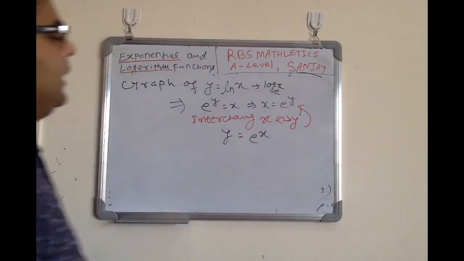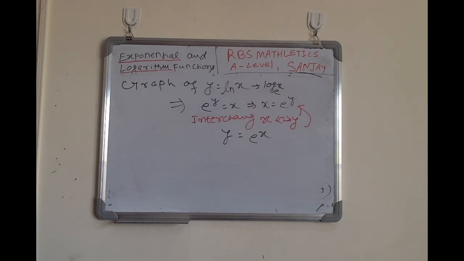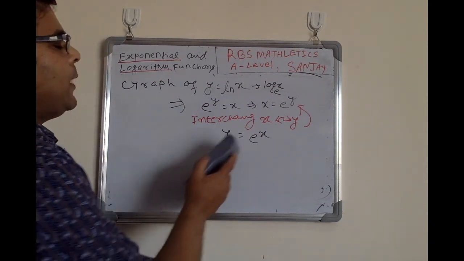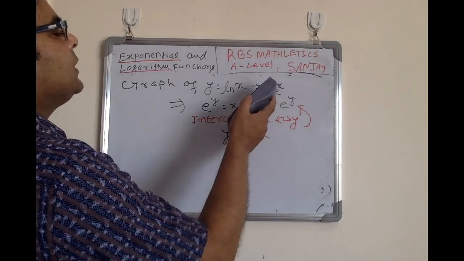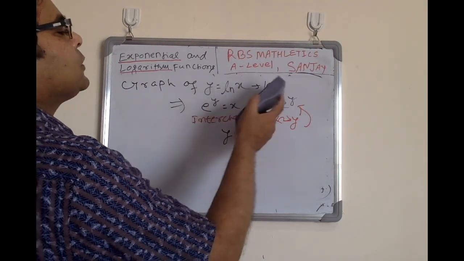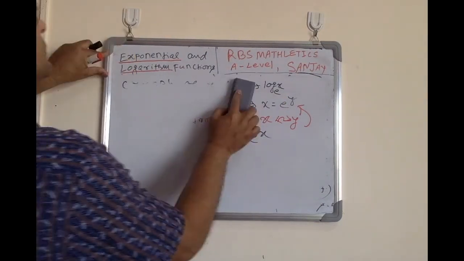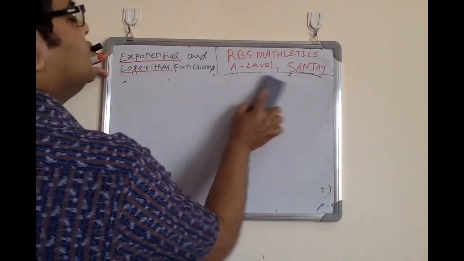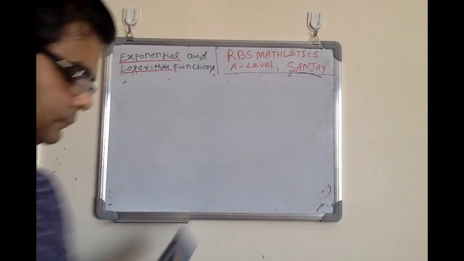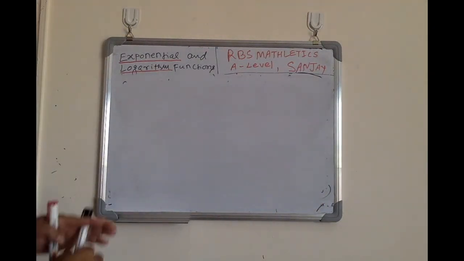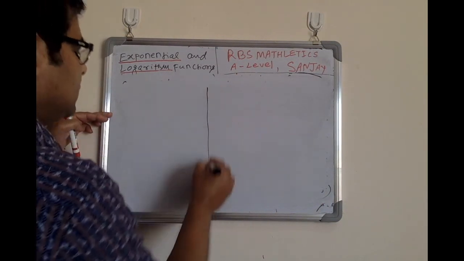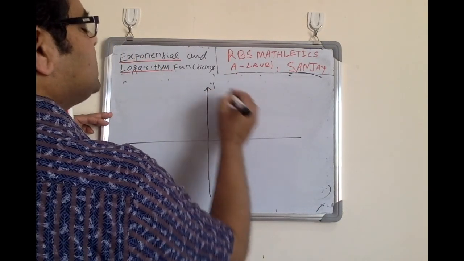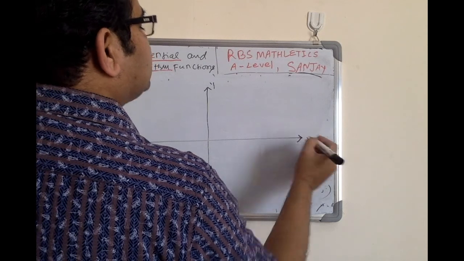Okay, now we are interested to draw the graph of y equals e^x and also the graph of y equals ln x. Let's see how the graph goes for these two functions. So let's get our graph ready. This is the y-axis and this is the x-axis.